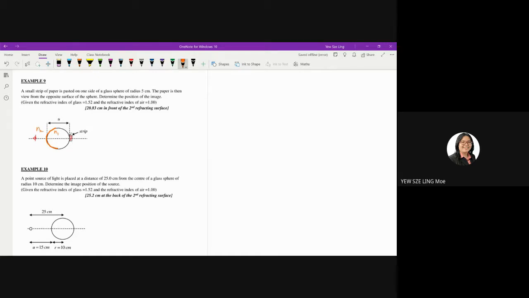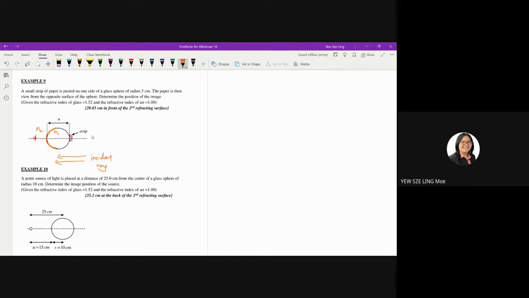Since our strip is on the right-hand side, we are going to take the incident light ray coming from the right-hand side. So this is your incident ray, from right to left.